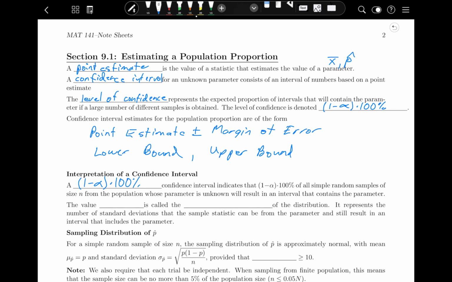And by that token, 5% won't. One of the key takeaways here is our goal is to be as confident as possible, but we're never going to be 100% on these. There's always a chance that our sample is one of the ones that doesn't have the parameter in it.